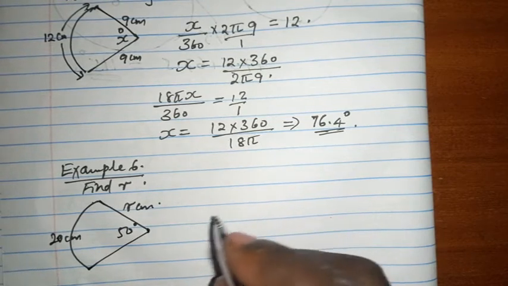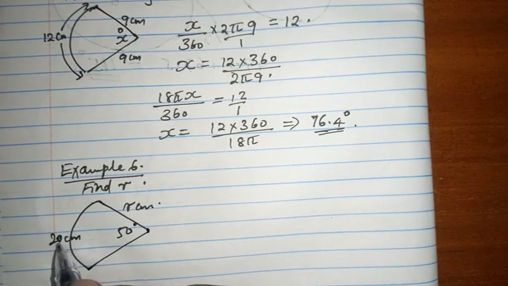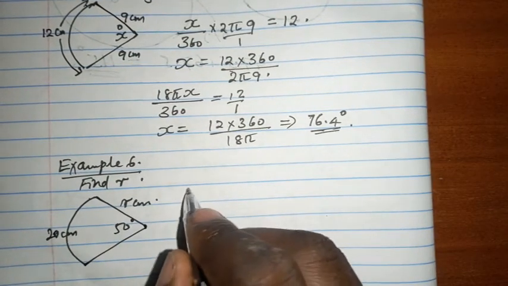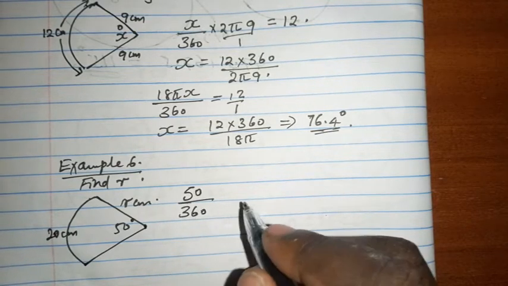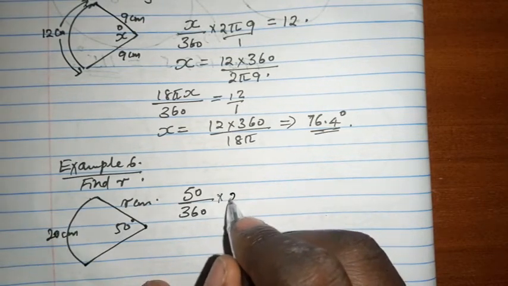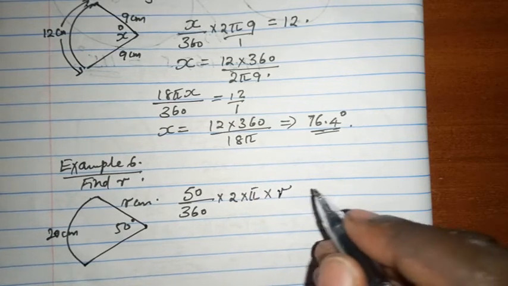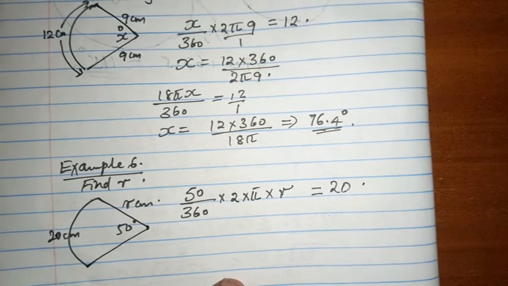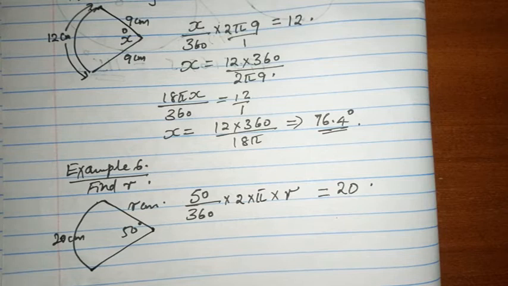The same approach: the 20 centimeters as the arc length is given by the angle at the center, 50 out of the entire 360 degrees times 2 times pi times r. This is what is giving us 20.